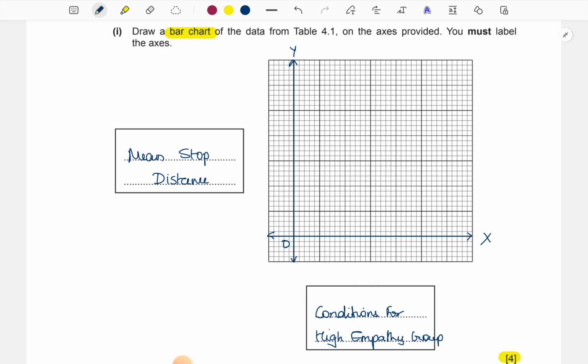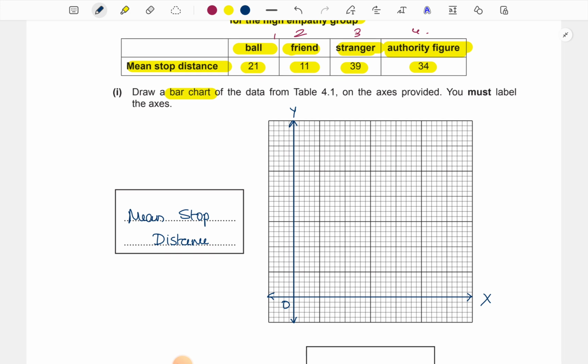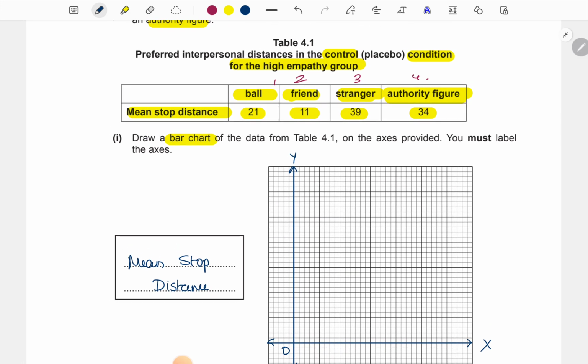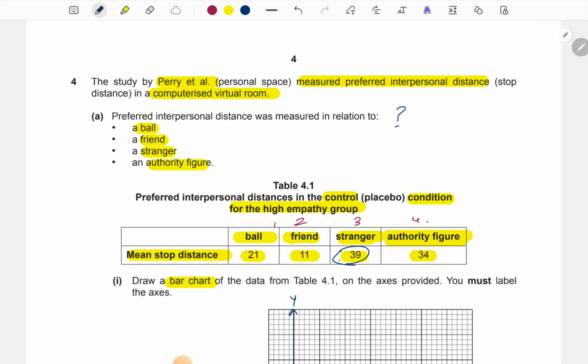Before I draw anything, I need a scale on the y-axis. I can see I have to reach up to 39. So about 40 being represented on the y-axis should be good, because they have not given the total distance here. From the experiment, we know that maximum distance could be 100, but since they haven't specified it here, we'll take 39 as the upper limit.